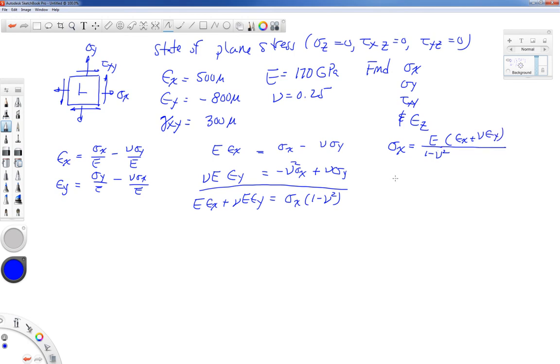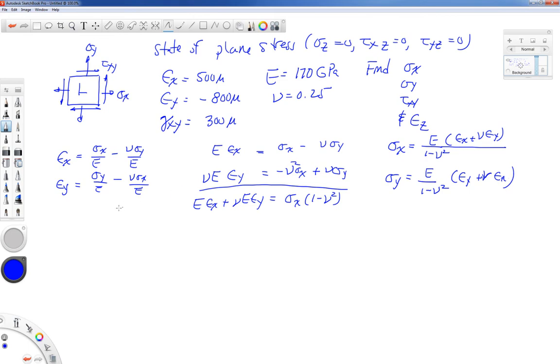If I were to do the same thing and eliminate sigma x, I can get an equation for sigma y. It's basically identical, with the exception of the subscripts being changed. I'd have epsilon y plus nu epsilon x. So I can put the values for my elastic constants and the strains and find my stresses, sigma x and sigma y.